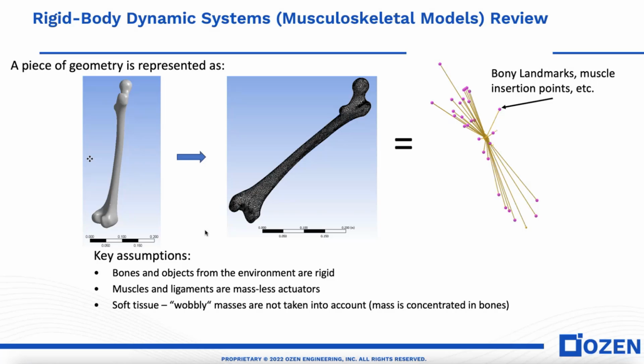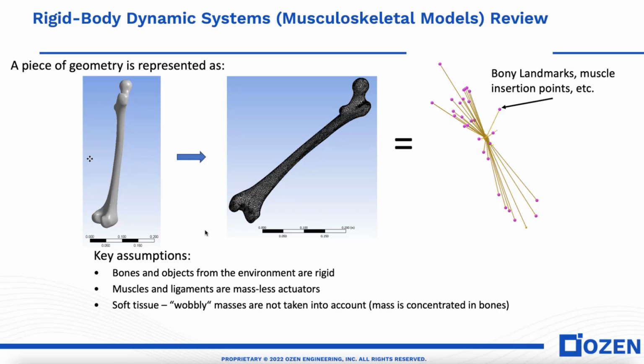Now, going back to musculoskeletal models, they assume that the bones are rigid. So at one point, if there's too much elasticity going on, then we will have to iterate back and forth between the musculoskeletal model and the finite element analysis to get to the right results.